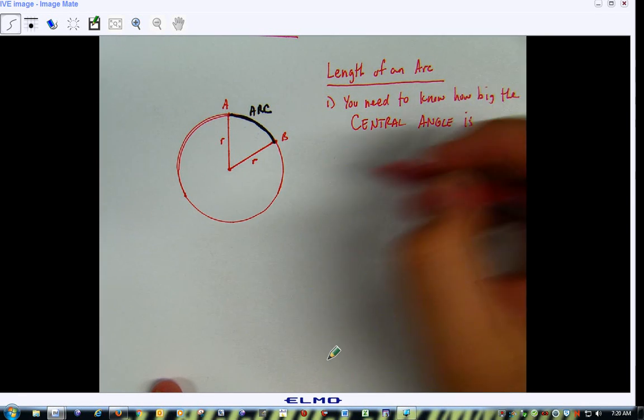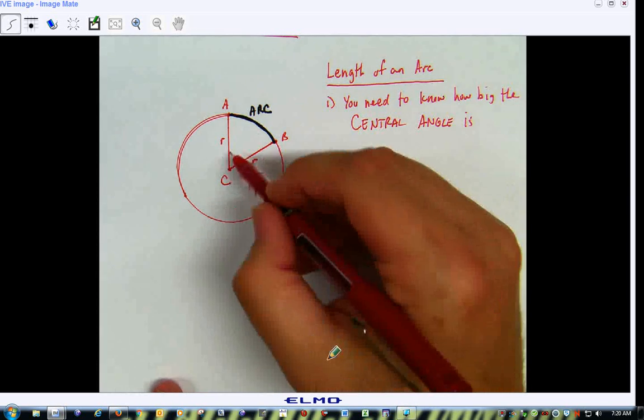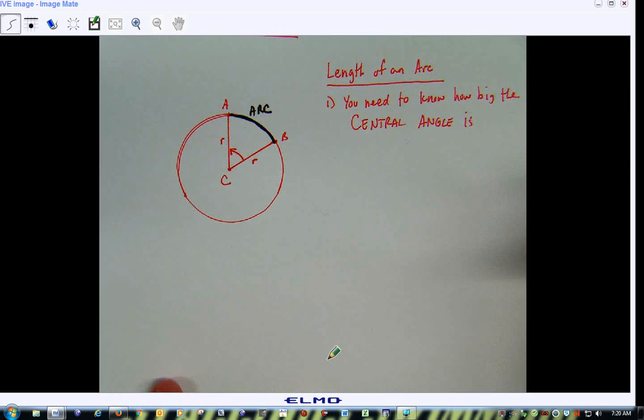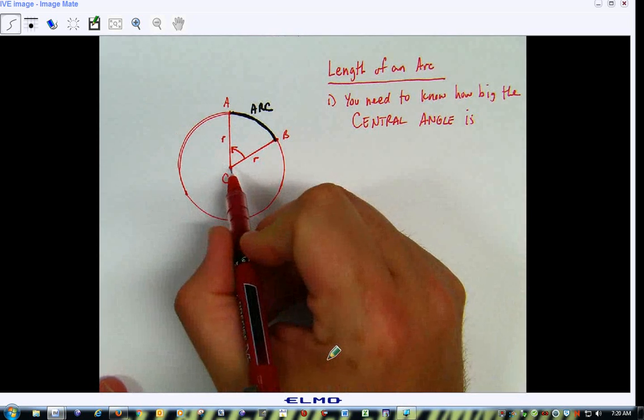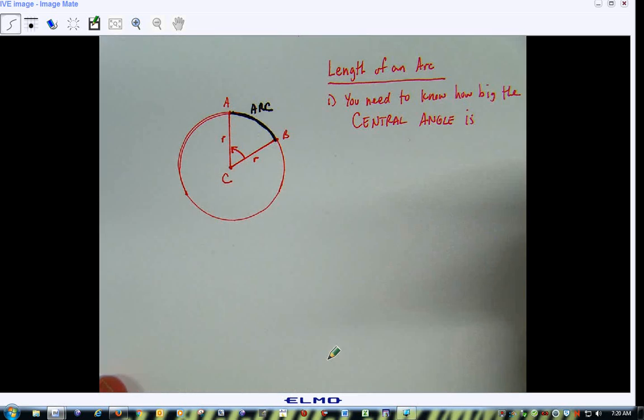Now the central angle, there's point C, that's your center. The central angle is created when you have an angle whose vertex is the center of the circle.